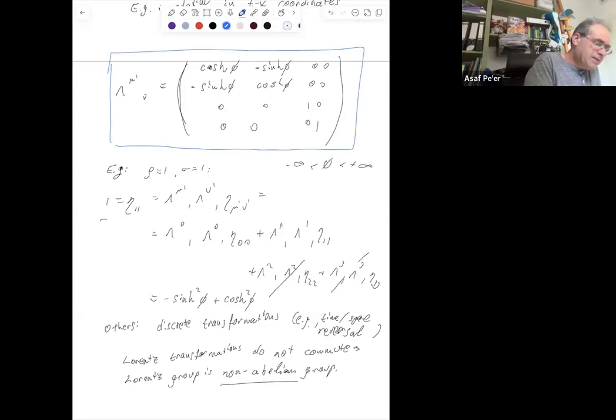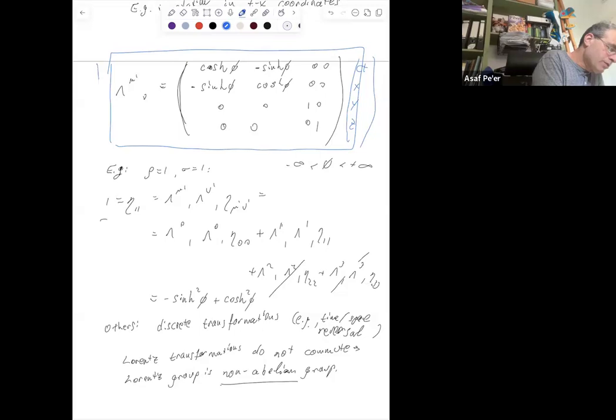Let's take this boost and multiply it with a 4-vector. This is a boost from one coordinate system to another, right? So I can multiply that by the 4-vector CT, X, Y, Z, and this is going to be equal to CT prime, X prime, Y prime, Z prime.